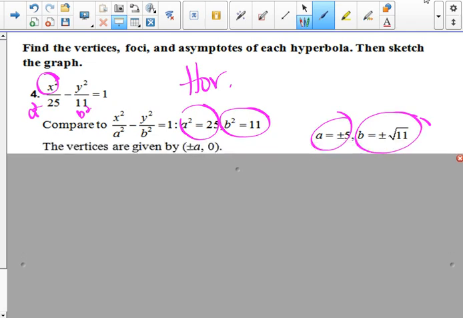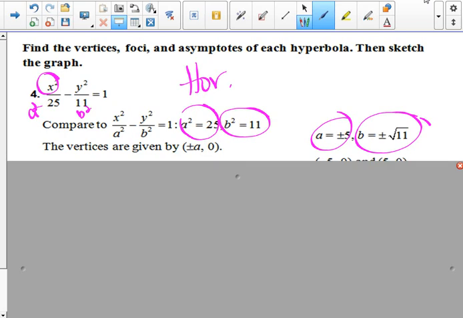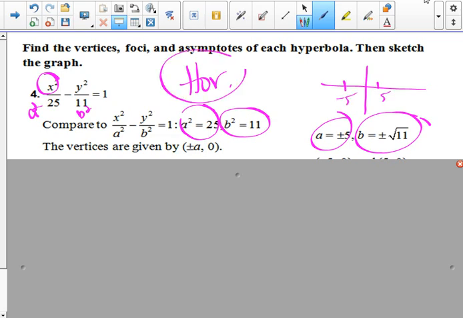So you know that your vertices are plus or minus A and 0, so it's plus or minus 5 and 0. There are your vertices at 5 and 0 and negative 5 and 0. This is a horizontal hyperbola, which we already knew because it was x.